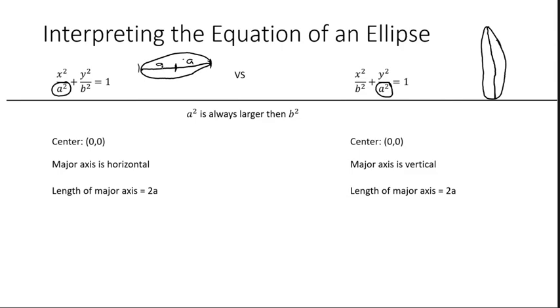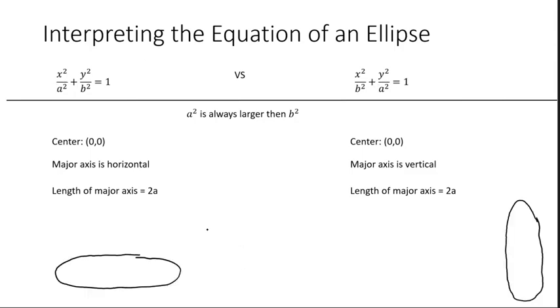So put it together to get the length of the major axis, which gives you 2a. Same thing for over here. So again, the center is right here at 0, 0, and then up to the vertex, or one of these points, one of the intercepts, is going to be a, and then down to the bottom is also a. So together, a plus a gives you 2a for the length of that major axis.